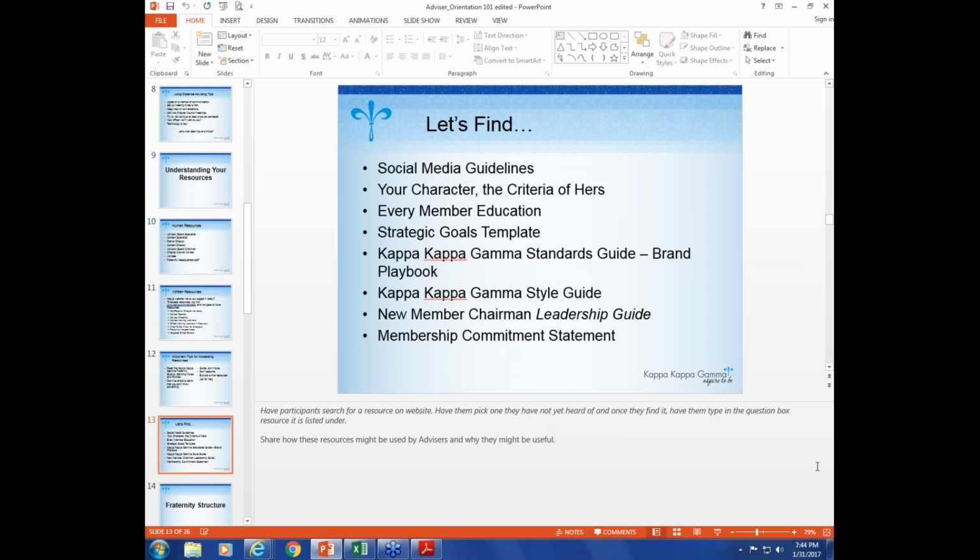The strategic goals template for chapters is really terrific, and will really help a chapter stay on target, I think. There's the commitment statement, the social media guidelines. There's so many things on the website, and so I encourage you to play with this little page on the website when you have a chance.